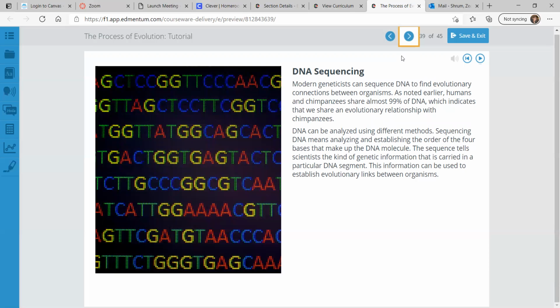DNA can be analyzed using different methods. Sequencing DNA means analyzing and establishing the order of the four bases that make up the DNA molecule. The sequence tells scientists the kind of genetic information that is carried in a particular DNA segment. This information can be used to establish evolutionary links between organisms.